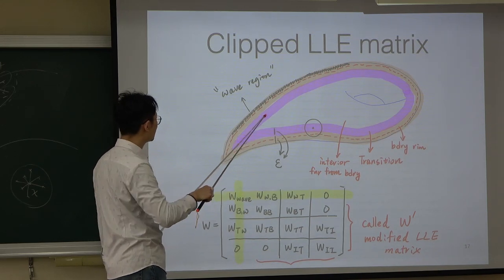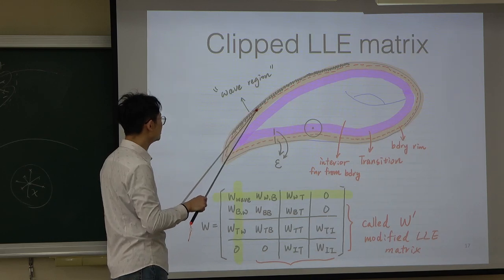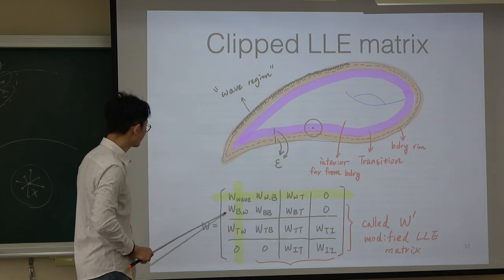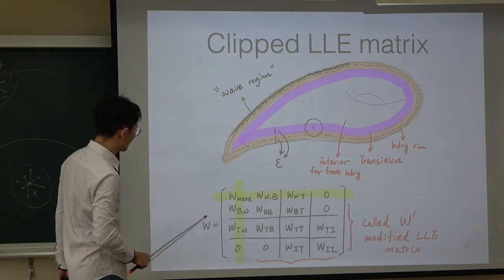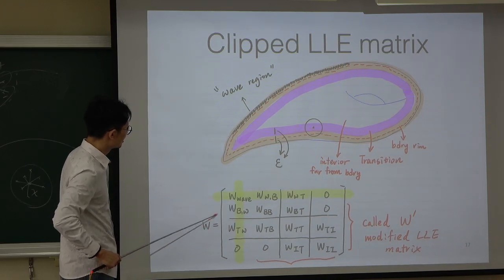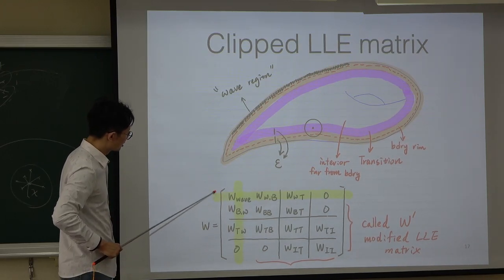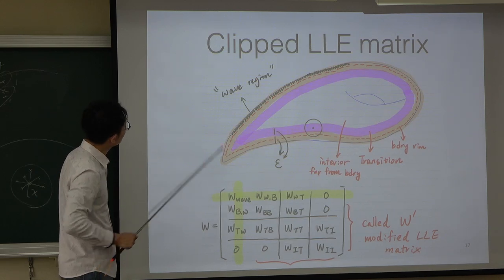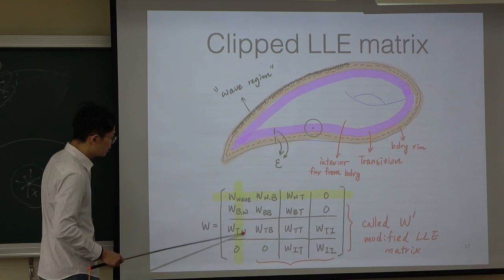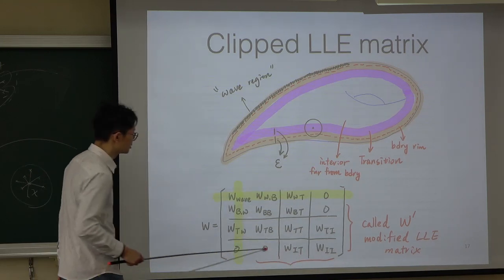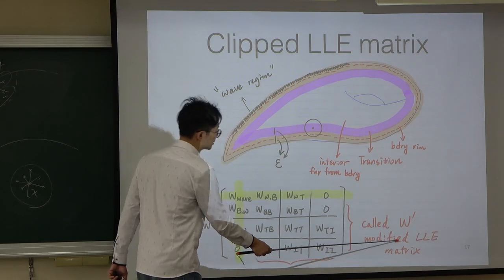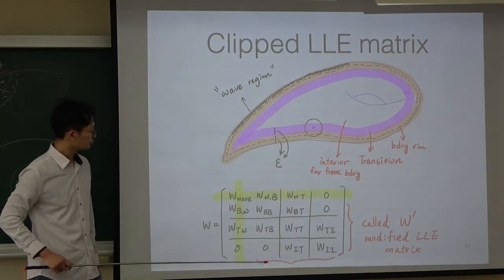So how about we just remove every point inside after we calculate the LLE matrix? Suppose we know which entries are the points on the wave region, then we just remove those rows and columns and get the remaining part that we call the modified LLE matrix, or clipped LLE matrix.